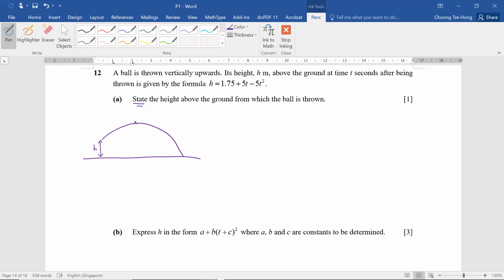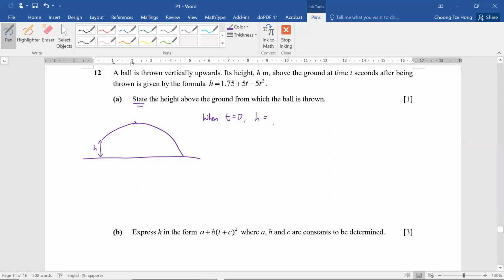Do you agree that we can consider the timing to be 0? Basically it's the initial height of the ball, because the timing only starts when the ball is thrown. So to get the answer, you can write when t equals 0, then compute h.